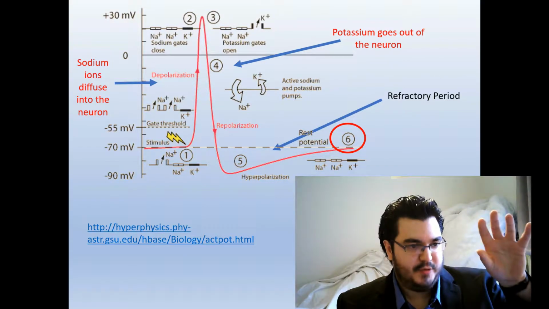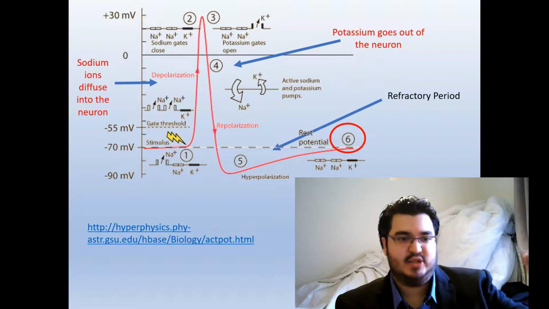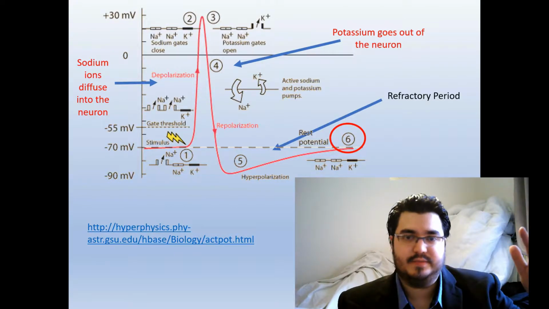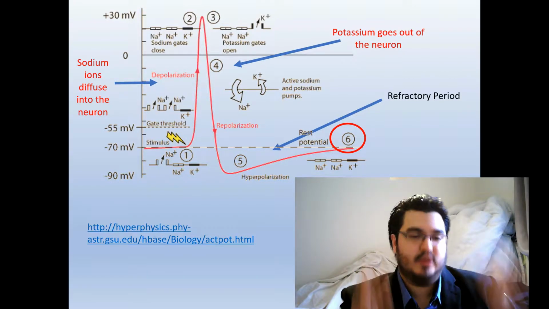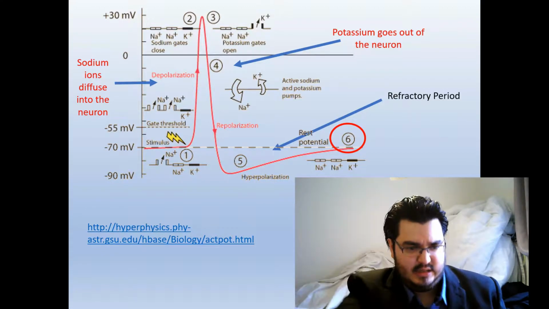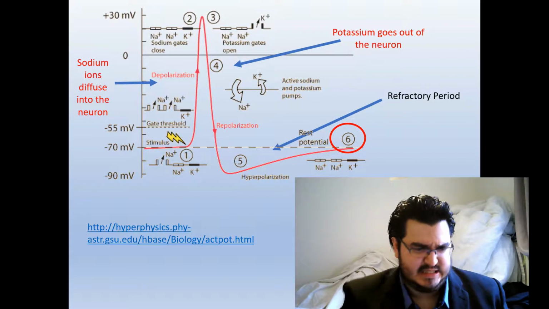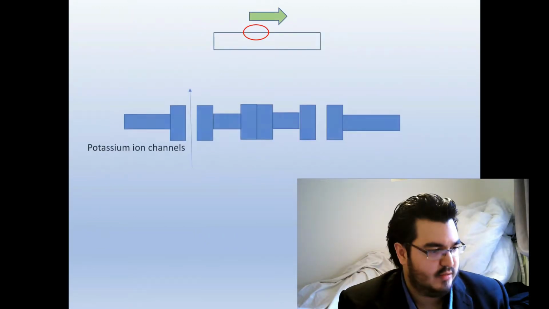Then at the top point, the sodium gates close and the potassium gates open, and potassium goes out of the neuron, and that's the repolarization process. Then there's a hyperpolarization, a refractory period, during which you cannot have another action potential. You have to wait till the end, until you get back to the resting potential. That's important, and we'll look at why now.